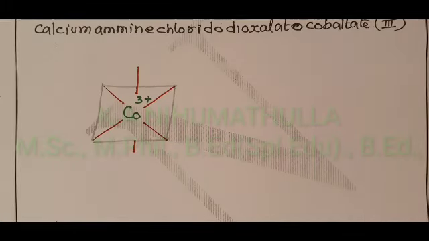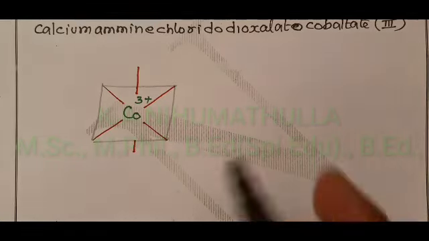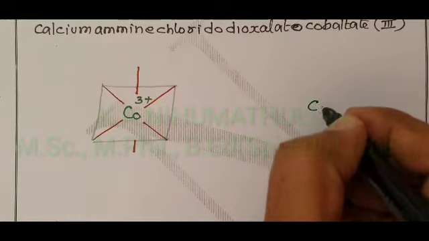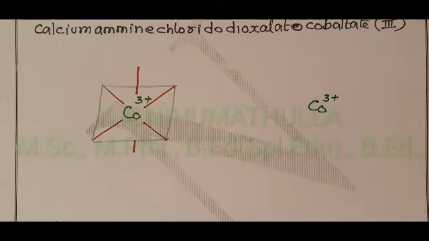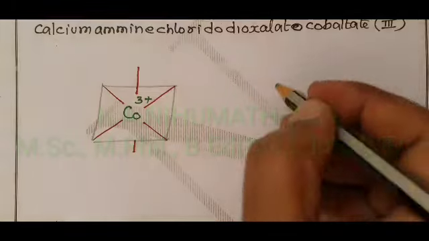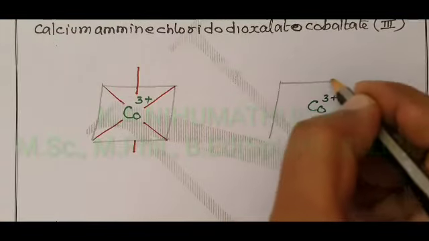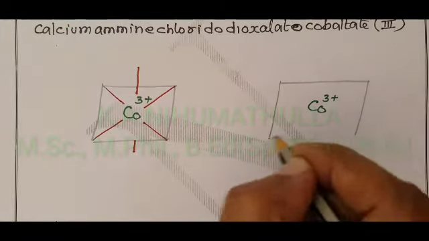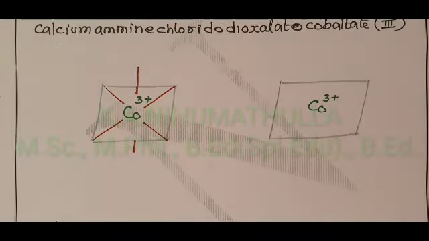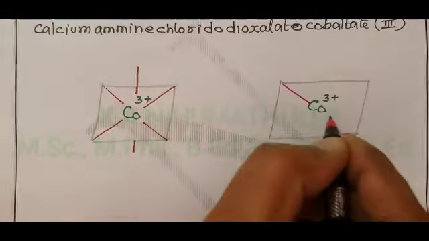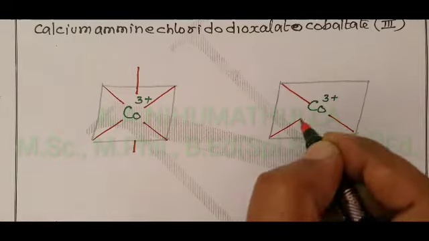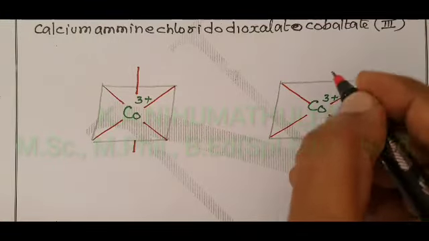And one more, the trans isomer. We have to draw cobalt at the center, it is a 3 plus ion. Draw the octahedral structure. All the corner atoms are joined with the central metal ion.